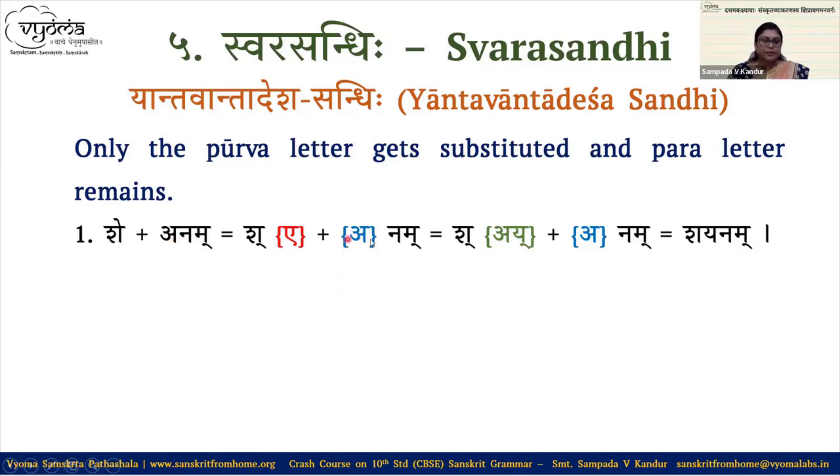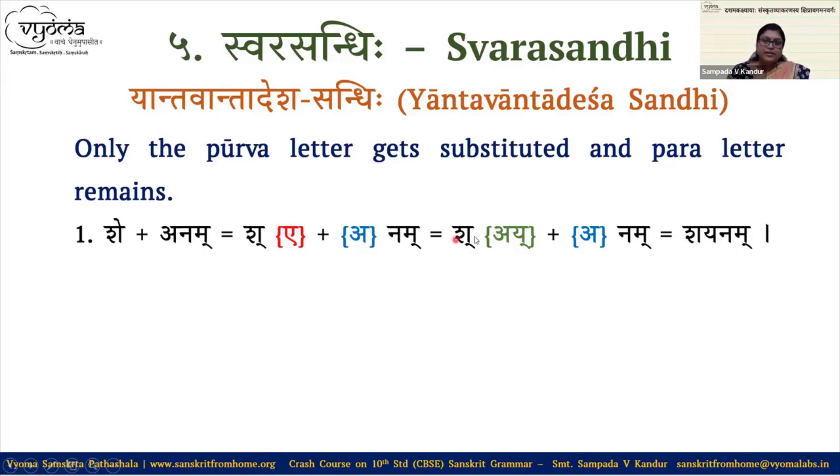In Anam, A is separated, taken differently, and Nam is as it is. Now our rules, Sandhi Karyam, happen here, in this part. Last letter of Purvapada and first letter of Uttarapada. Right? Our rule is applied here. Now this A changes to I. A is replaced by I. Do not touch the remaining part. It will be as it is.